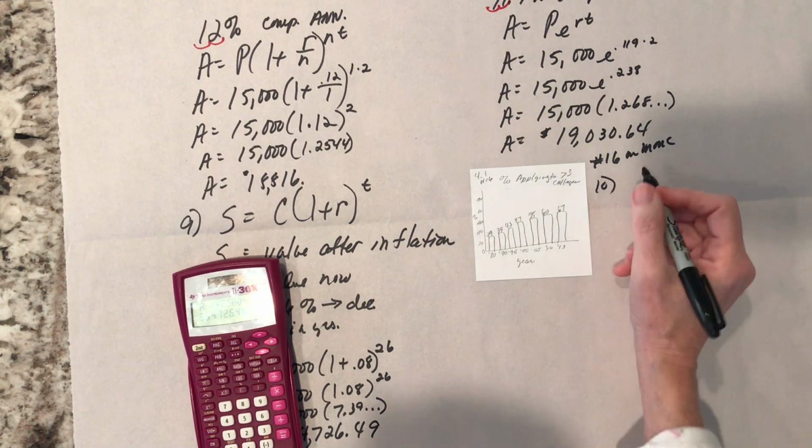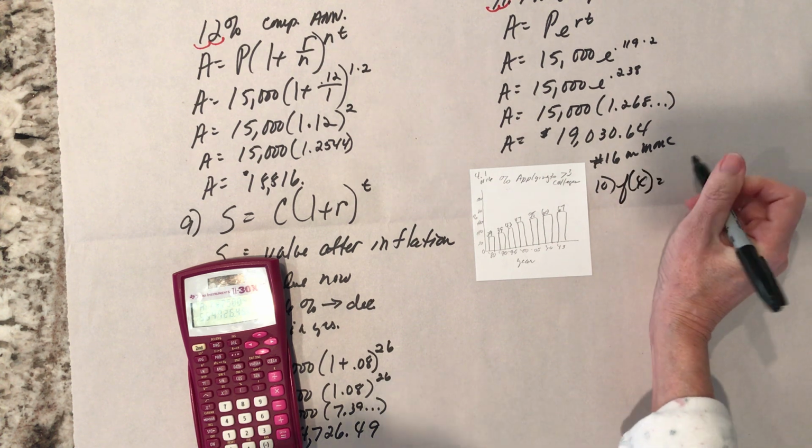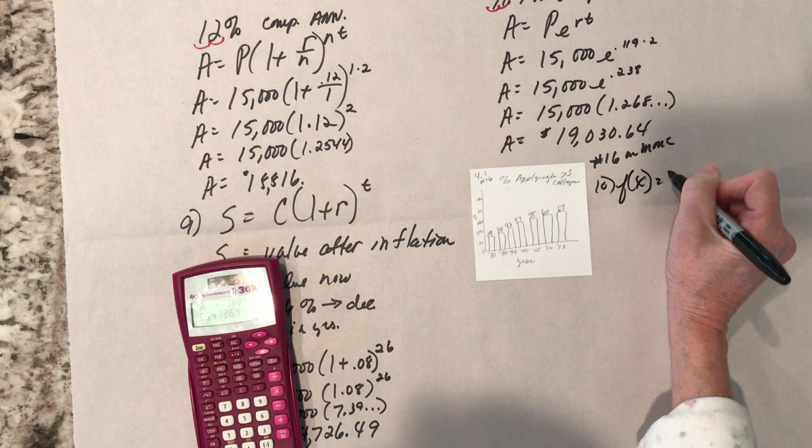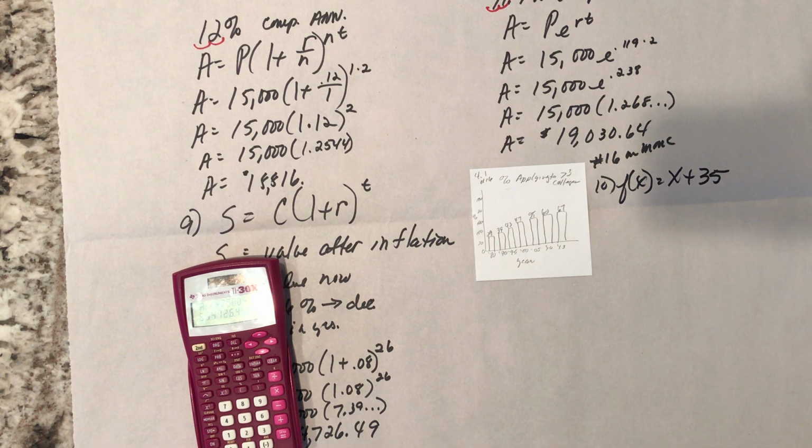Let's see, they give you 2 functions. f of x equals x plus 35. That's a linear formula because there are no exponents involved in it. That draws a line. That's a straightforward line. And I believe in A, we're looking at the linear model.